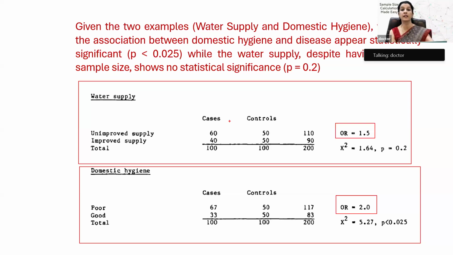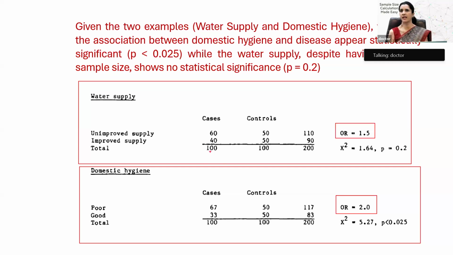So if you take 600, now again, this is another question: how will you get 600? If there are 100 cases, you cannot increase the number of cases, since the cases have already happened.